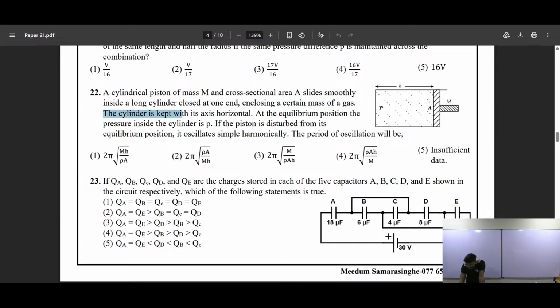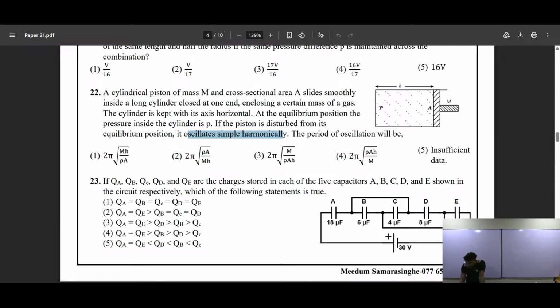The cylinder is kept with its axis horizontal. At the equilibrium position, the pressure inside the cylinder is P. Now, if the piston is disturbed from the equilibrium position, it oscillates simple harmonically.